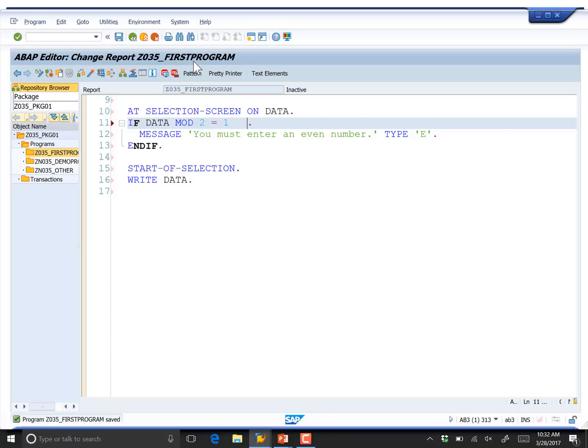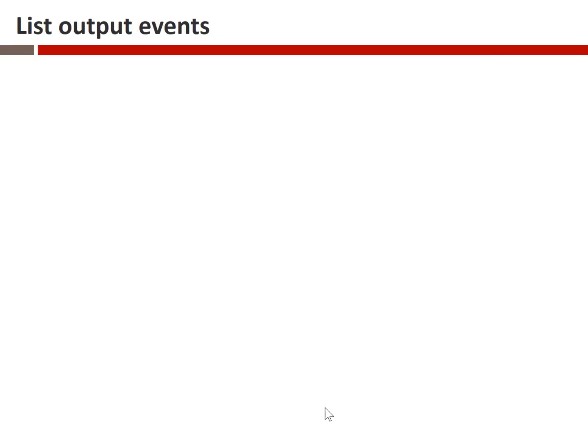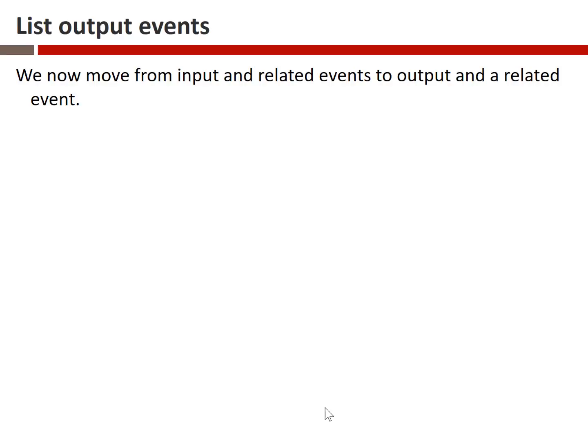Now on to kind of the last new thing here, which is what we have been talking about in the last few minutes: input-related events, things on the parameter screen. Now let's look at output-related events, which is the idea that once we have actually painted output to the screen, all of our programs to this point, that's been the end of their life.